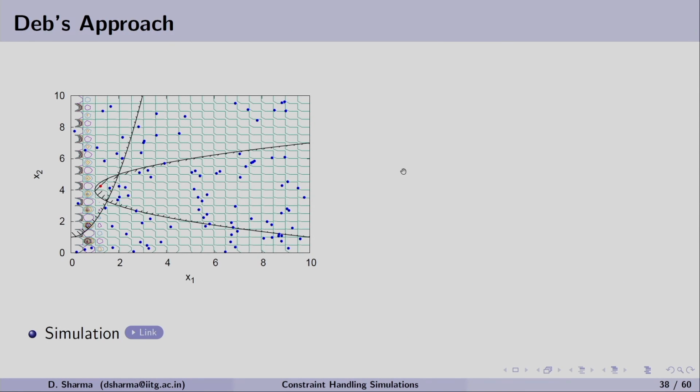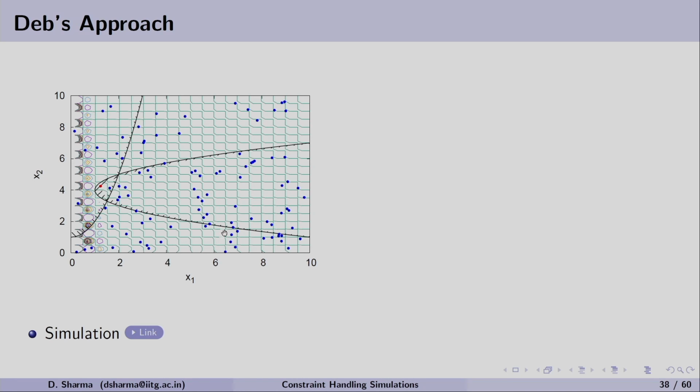Now, we have come to the last part of the approach for the G08 problem, that is Deb's approach, and as we understood, this particular approach is penalizing the infeasible solution more as compared to the feasible solution. We will see the simulation now.